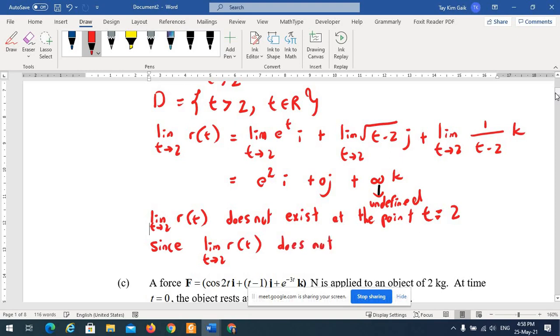So the answer: since the limit of r(t) as t approaches 2 does not exist, hence r(t) is not a continuous function.